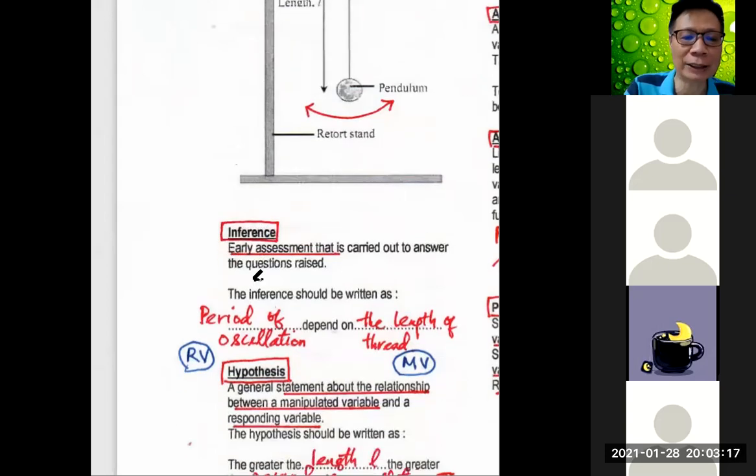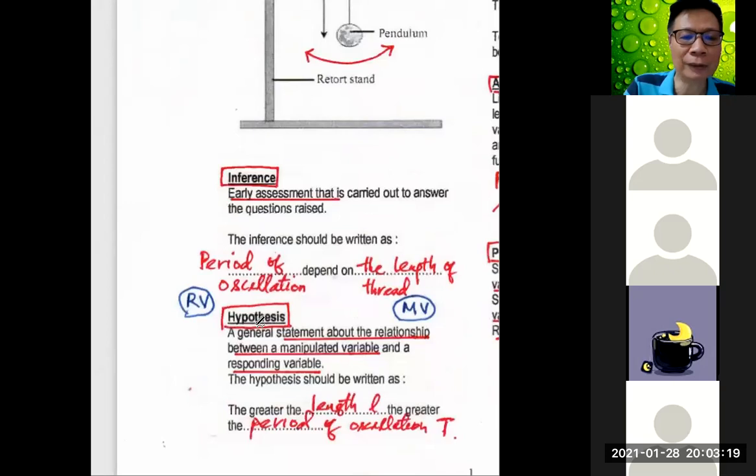Okay. Next is hypothesis. Hypothesis is just like what Jonathan said. So you state a statement about the relationship between the manipulated variable and the responding variable. In the case of this experiment, it's like this: the greater the length of the thread, the greater the periods of oscillation.